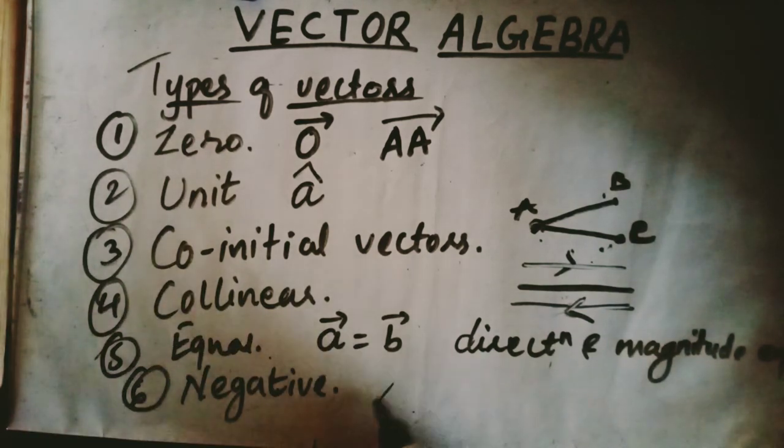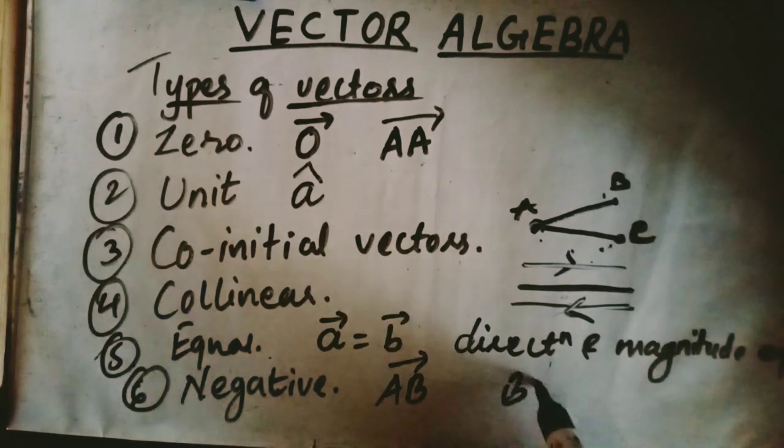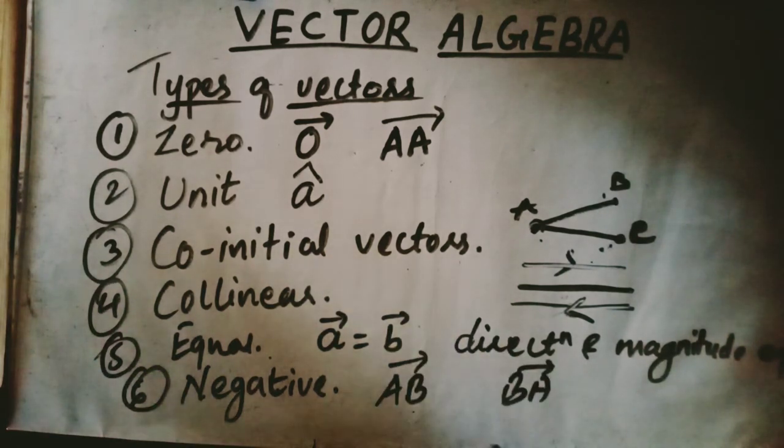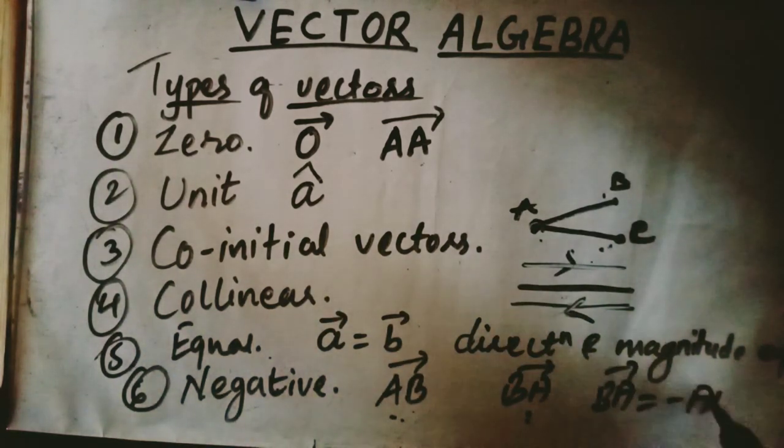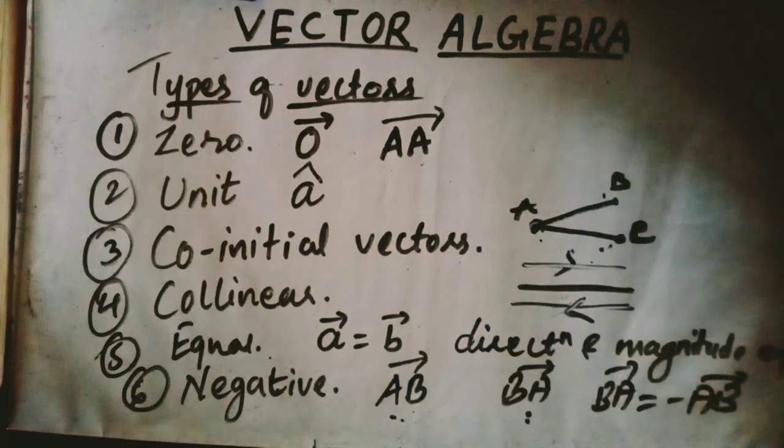That is, if AB vector is there and BA vector is there, both have the same magnitude but different directions. So we can write BA vector as negative of AB vector. So these are the types of vectors.